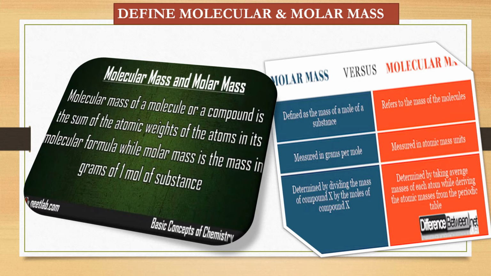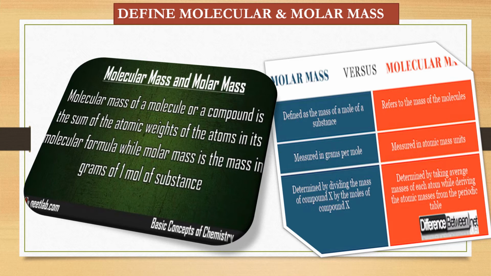Now see molar mass versus molecular mass, that means the difference. Molar mass is defined as the mass of a mole of a substance. Molecular mass refers to the mass of the molecules. Molar mass is measured in grams per mole. Remember this, grams per mole, and molecular mass is measured in atomic mass unit.